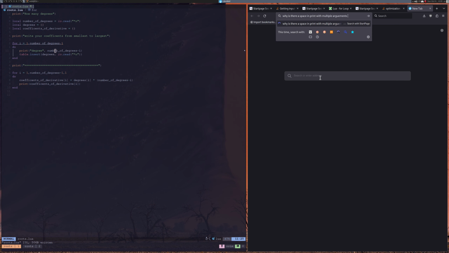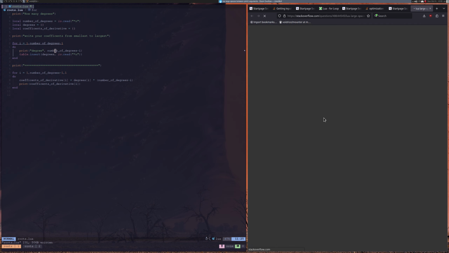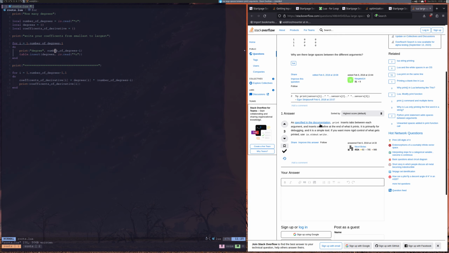I use a space in print with multiple arguments in Lua. Alright. Each argument inserts a new line at the end. It is primarily for debugging and a simple tool.